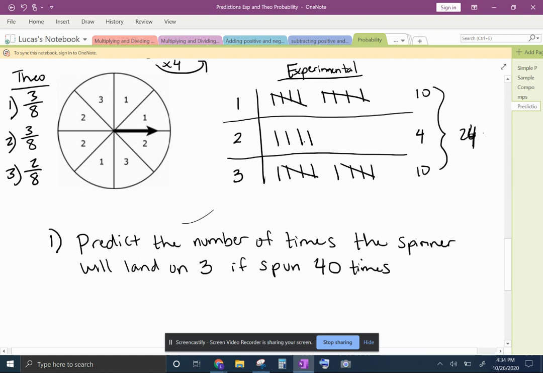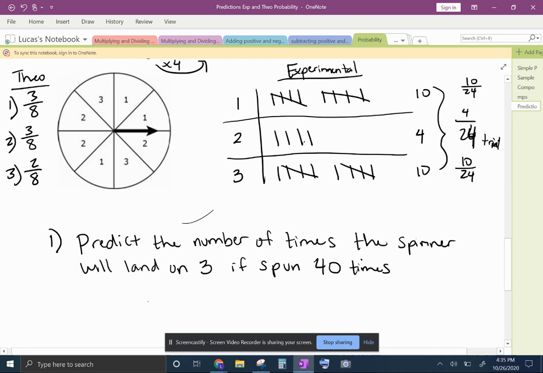Okay. So there's 24 trials. And so the experimental probability is 10/24, 10/24, and 4/24.